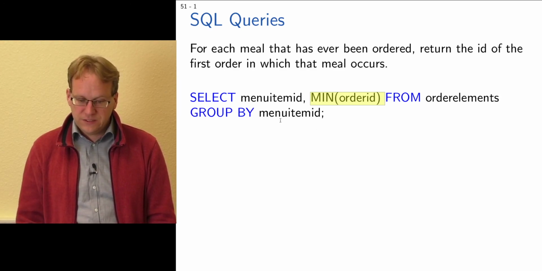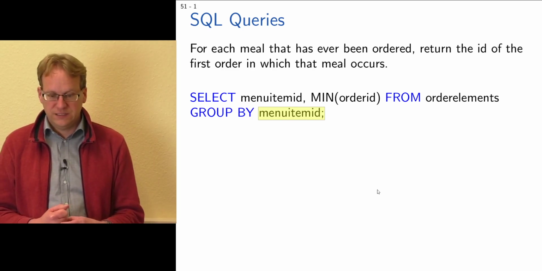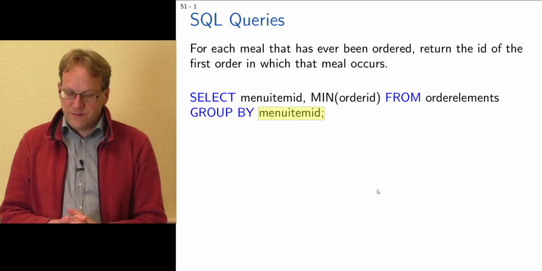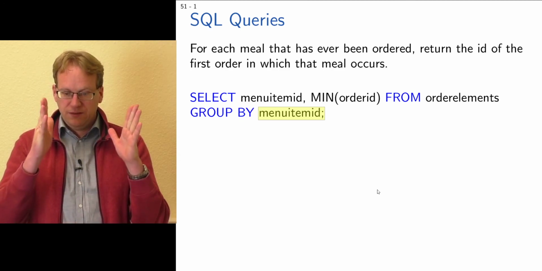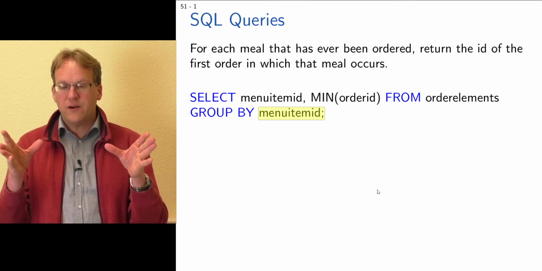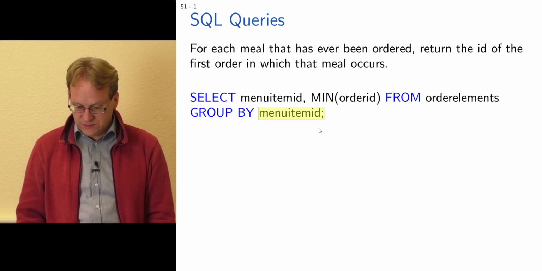But then I also need to group by the menu item ID. So the order elements have the menu item ID and the order ID, but I would like to group by menu item ID.